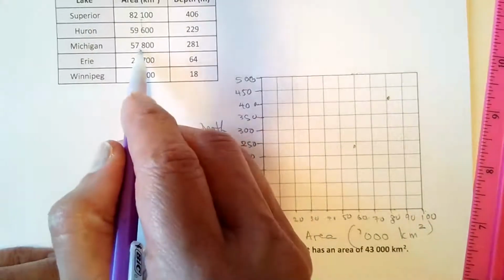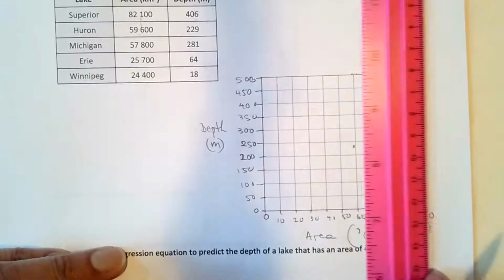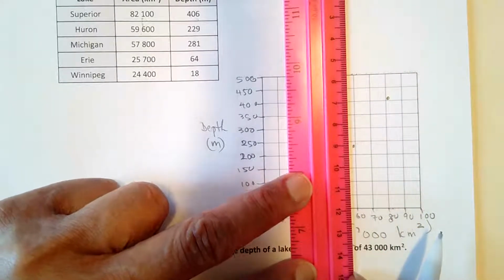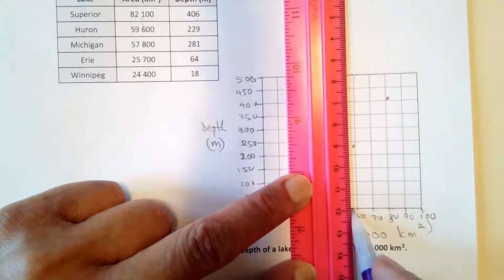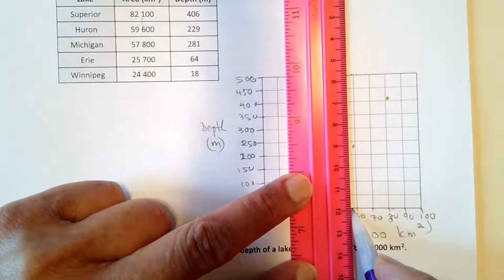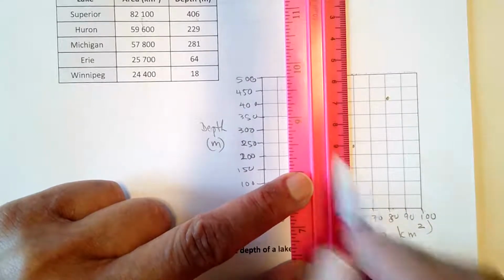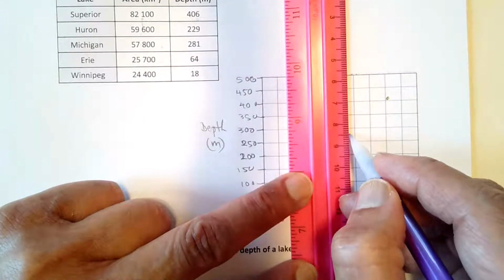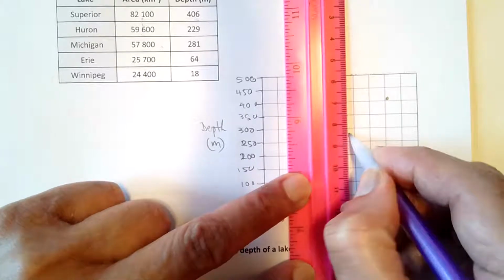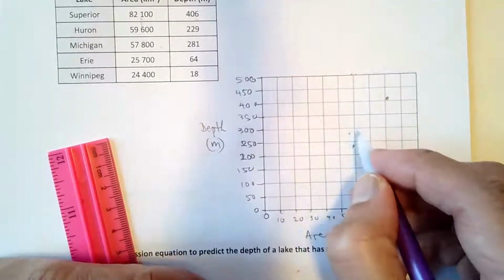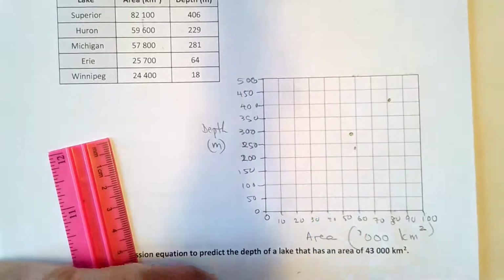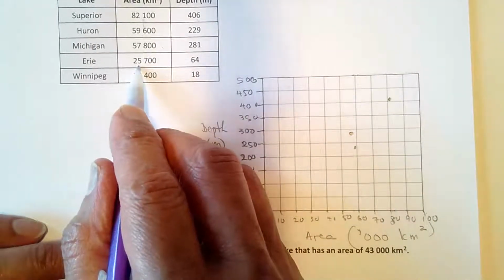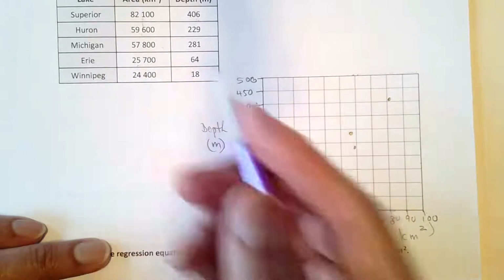The next is 57,800, which is slightly below. And this will give you a depth of Lake Michigan at 281. So 281 should be about here. Lake Erie is 25,700 square kilometers.